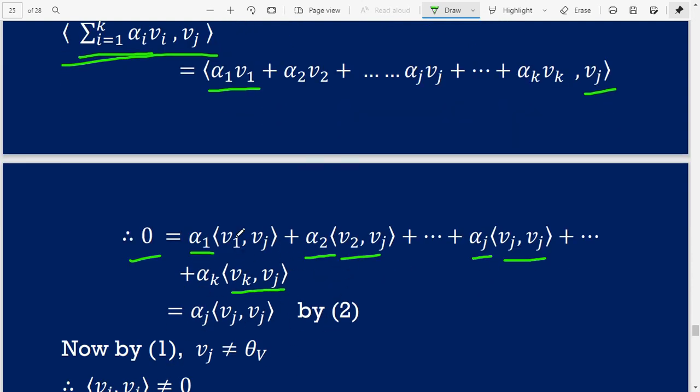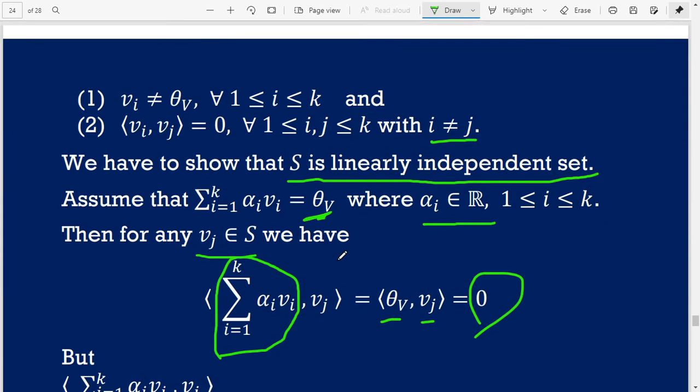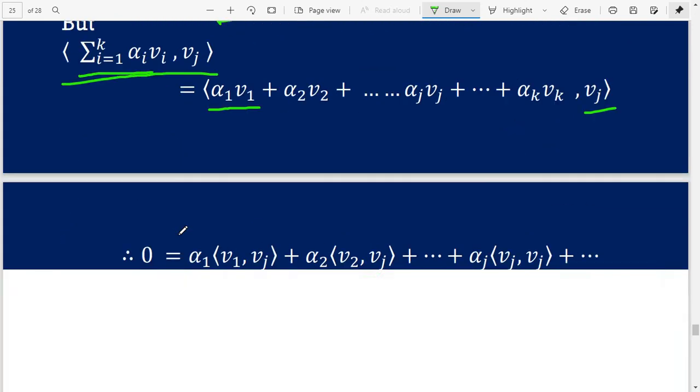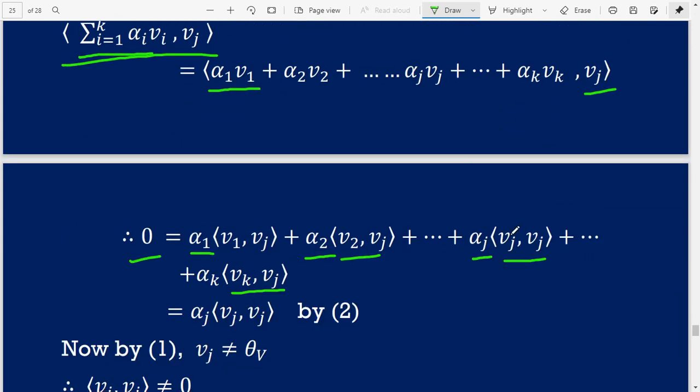So by condition 2, for i = j this is not equal to 0, but the inner product V1 with Vj, V2 with Vj, up to Vk with Vj are all 0.